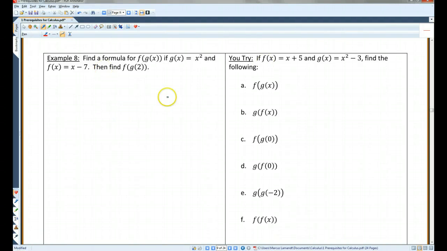Alright, find a formula for f of g of x if g of x equals x squared and f of x equals this. Alright, so f of g, f of x is this, so instead of x, I'm going to take this and plug it in.